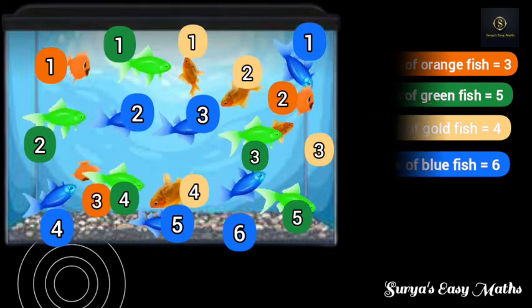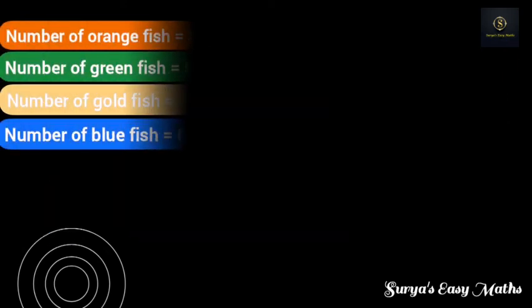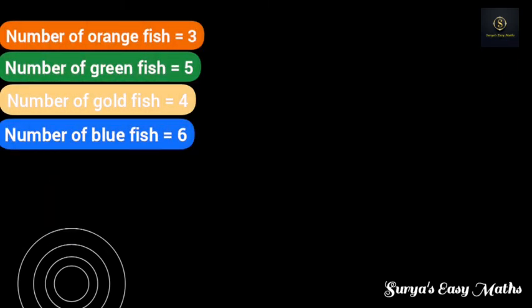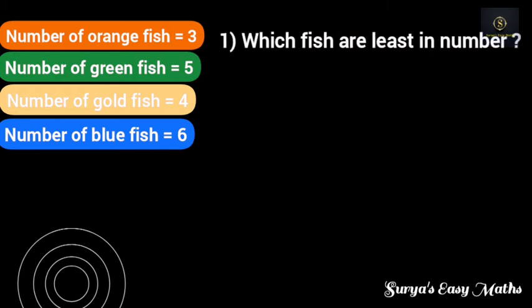Yes, now let us record this data. Here we have some questions and we have to read it and answer them from the collected data. So here let us read first question. Which fish are least in number? So now observe which fish are least in number, which means least means less.